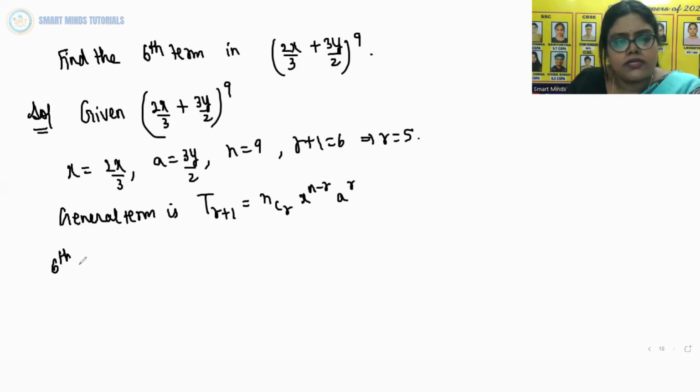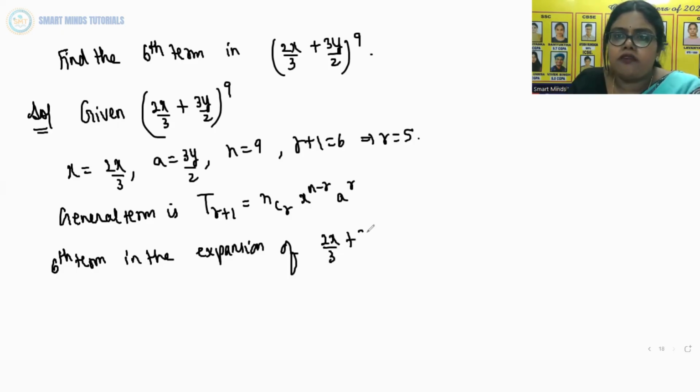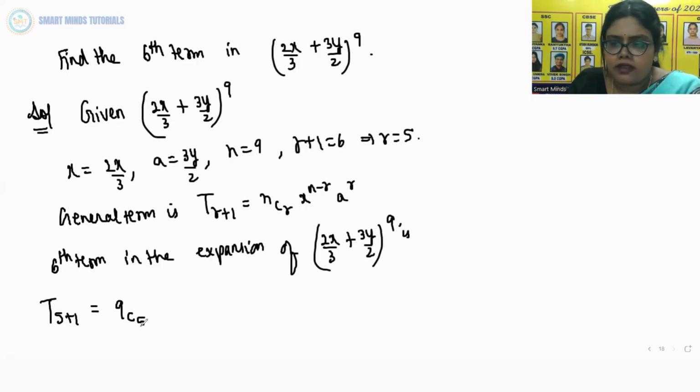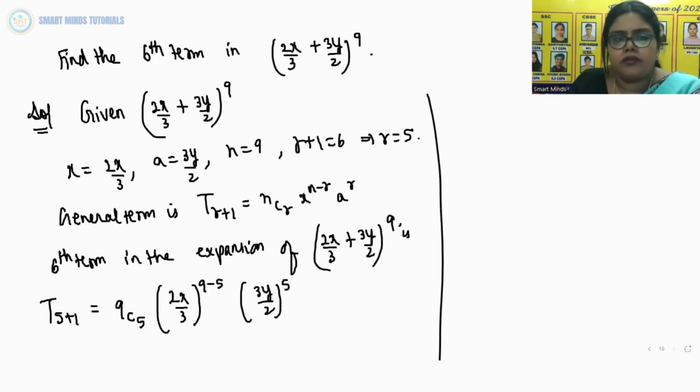So what is the sixth term? Sixth term in the expansion of (2x/3 + 3y/2) whole power 9 is t(5+1) equals 9C5 (2x/3) whole power 9 minus 5, (3y/2) whole power 5.